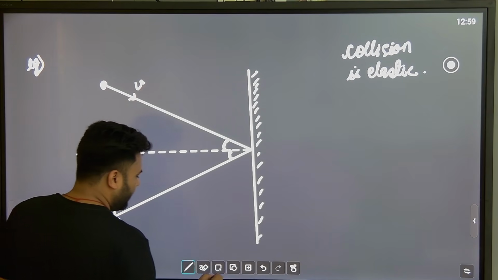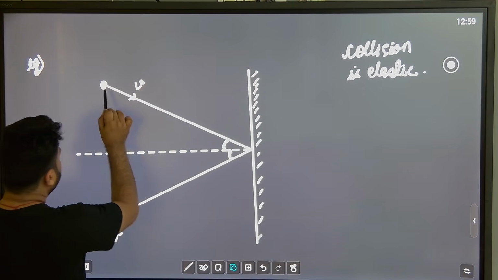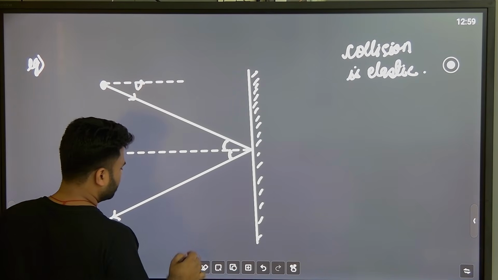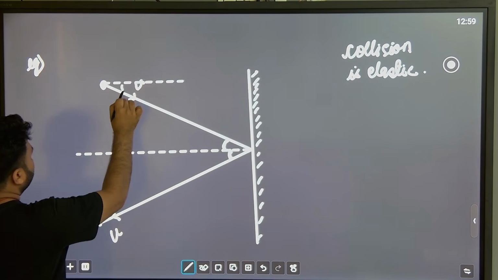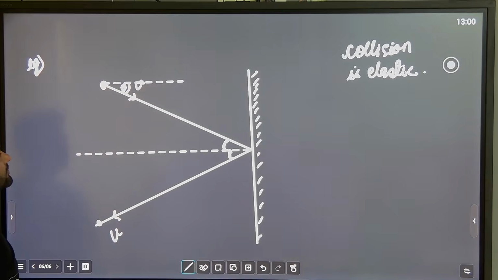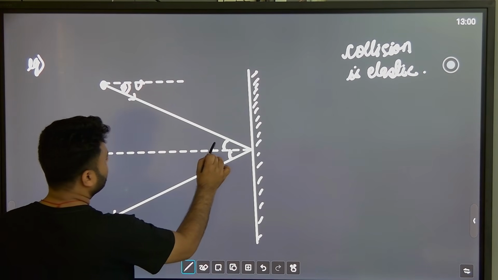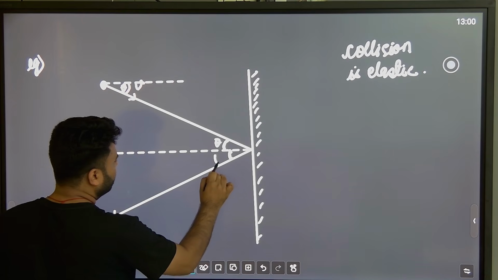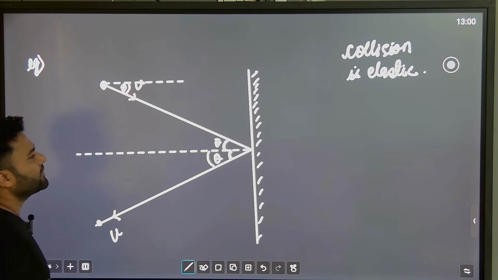Suppose they have given this angle as theta. So this angle will also be theta, by alternate interior angles.